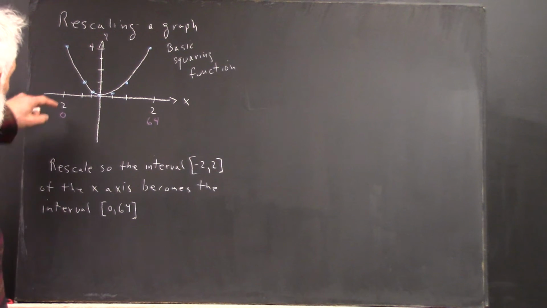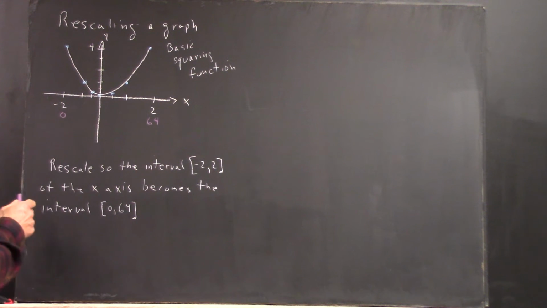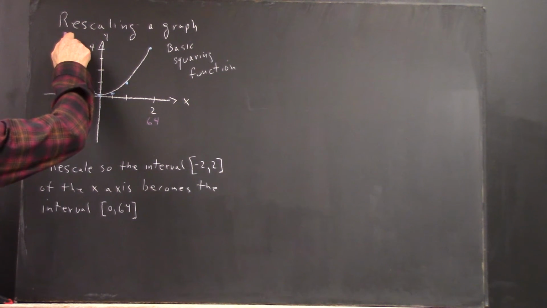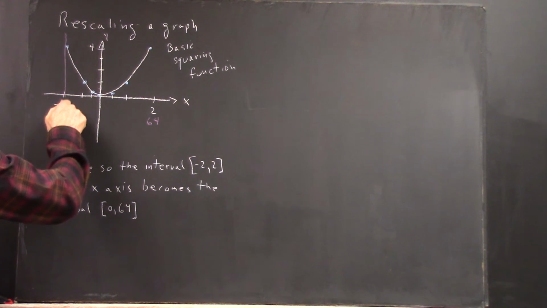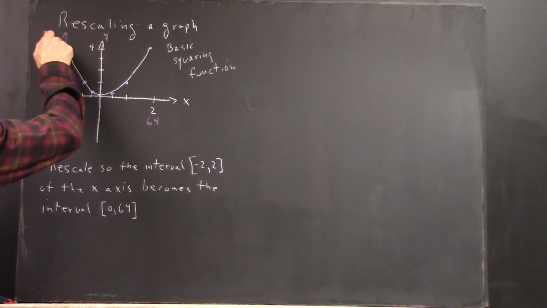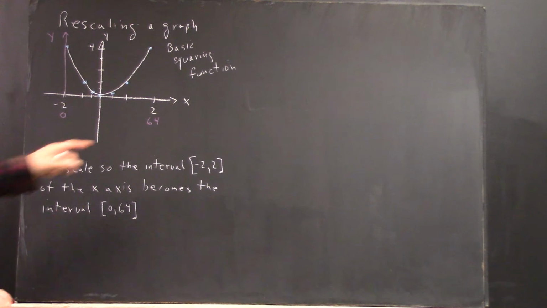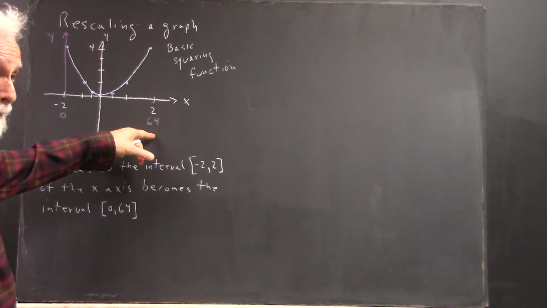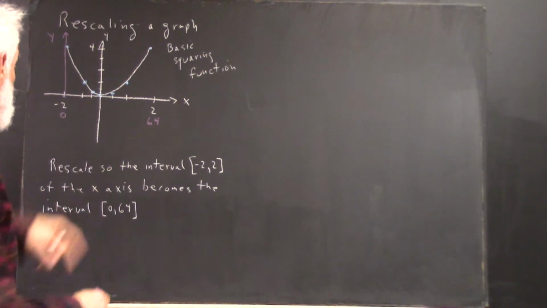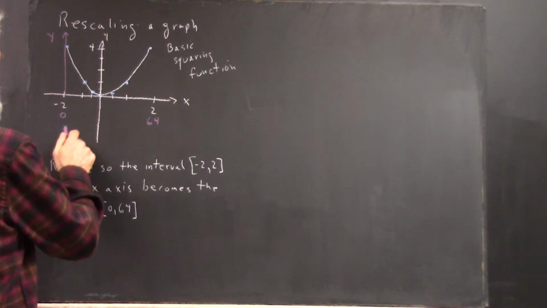Now, of course, if this becomes 0, that means that now this is going to be your y-axis. And this is going to be 64. So we've got a new labeling of the x-axis.